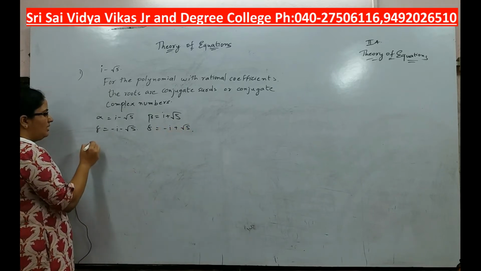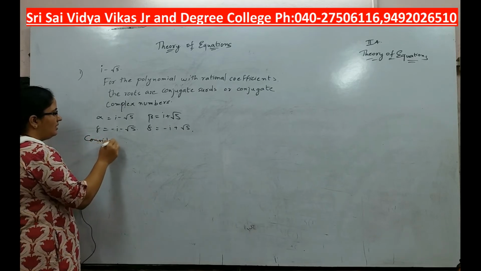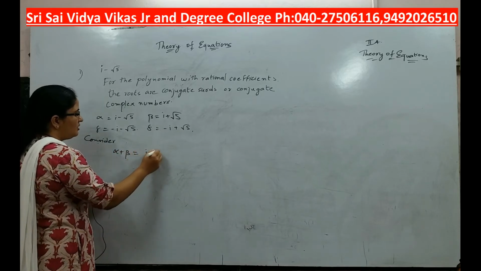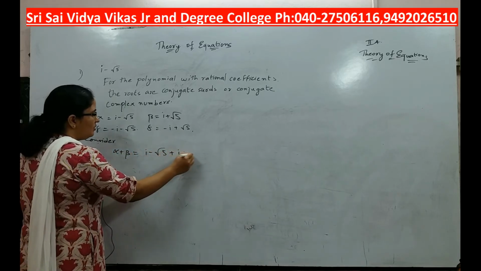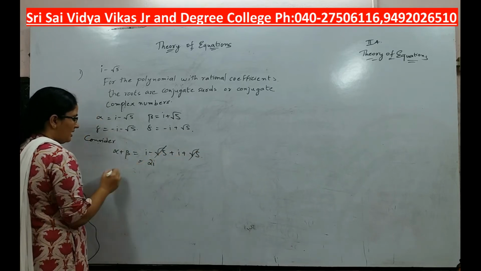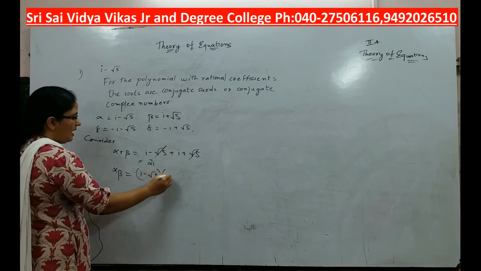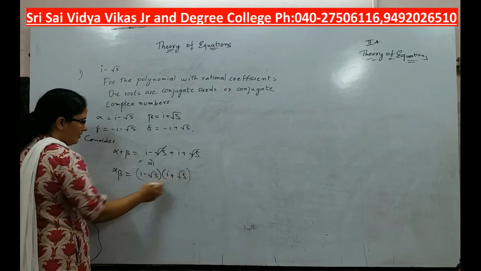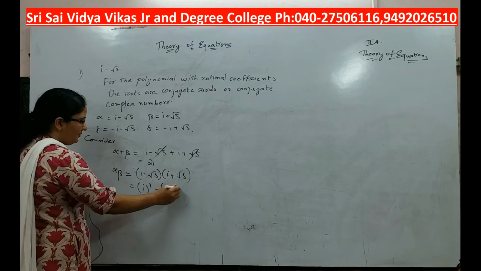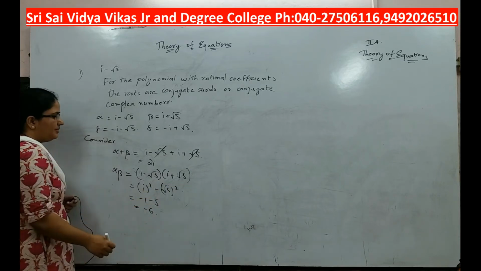Now consider alpha plus beta, that is i minus root 5 plus i plus root 5. Minus root 5 and plus root 5 cancel, you have 2i. Alpha beta is i minus root 5 into i plus root 5, which is i square minus root 5 whole square, which is minus 1 minus 5, which is minus 6.